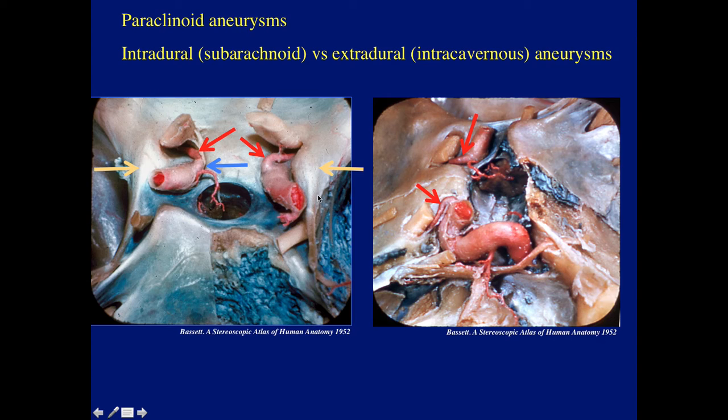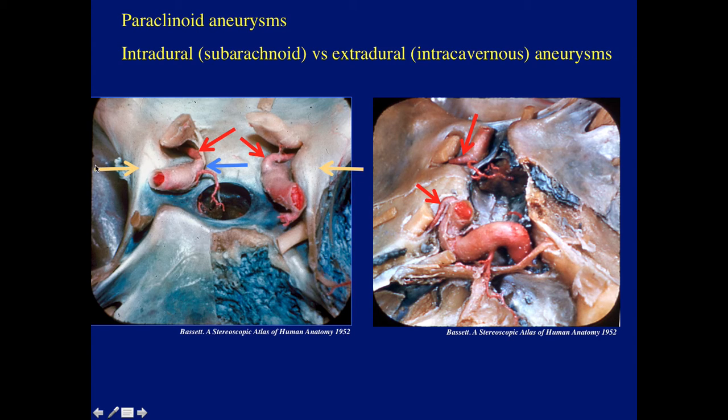So let's just again look at these anatomic specimens. As we look from above, the slide that I showed before, these are the two carotid arteries coming out of the cavernous sinus, which is below them. This one gives off the superior hypophyseal artery. Again, the diaphragma sellae is here, the two clinoids.